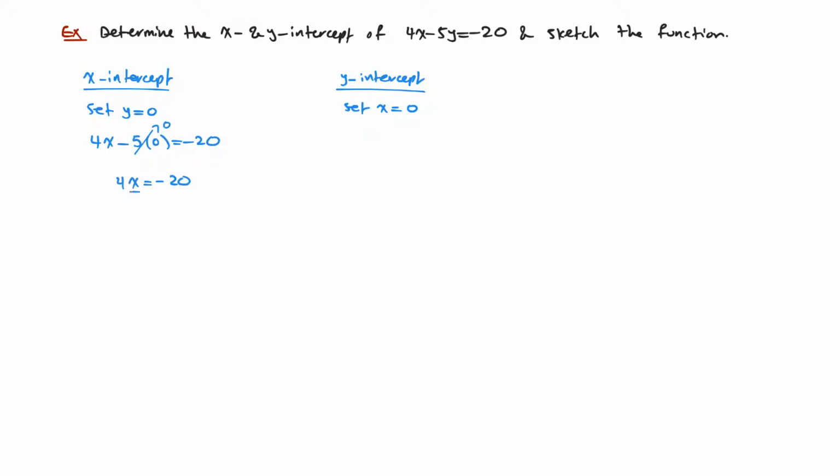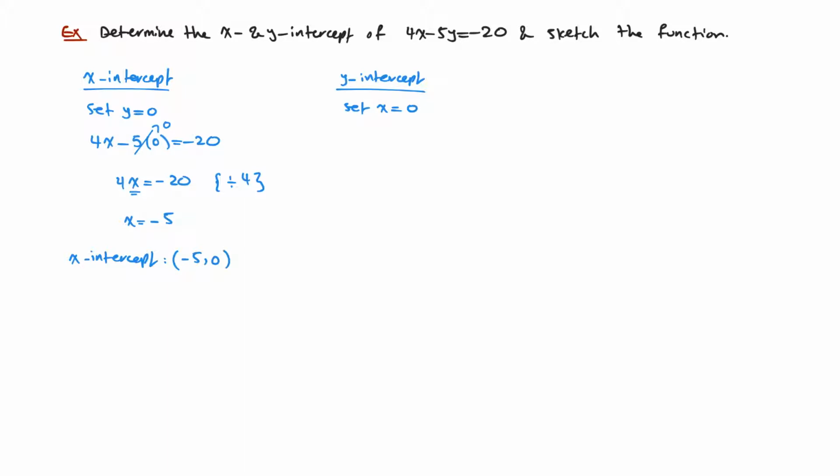You want to solve for x. x is being multiplied by 4 right now, so we divide both sides by 4, and we get x is equal to negative 5, meaning that our x-intercept is at coordinates of negative 5 and 0.